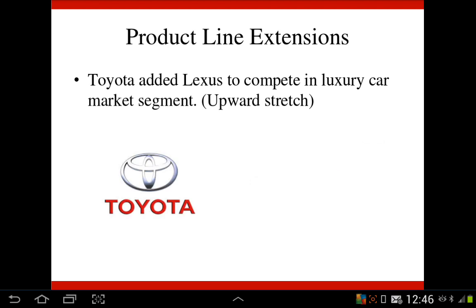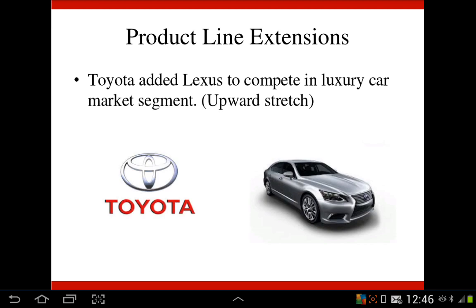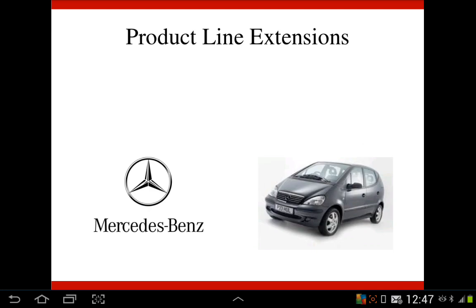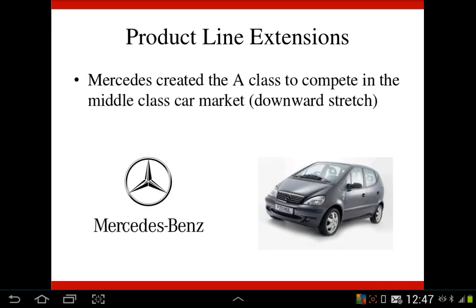Toyota usually sells cars to the middle income range, but now they started to include a product like the Lexus to target higher income segments. Then we have Mercedes-Benz, and they added the A-Class. Mercedes-Benz is usually very expensive products, but they added this A-Class so that they could target customers in the more middle income segment, and that we call a downward stretch.